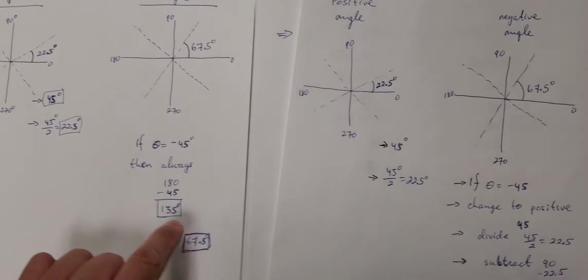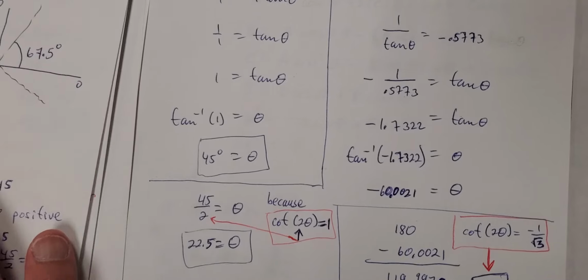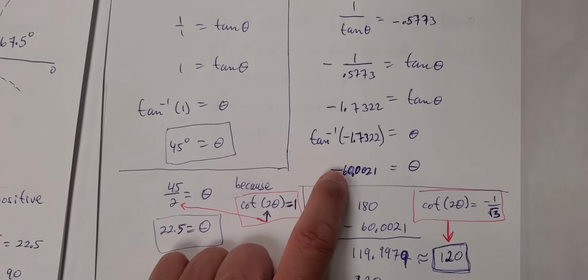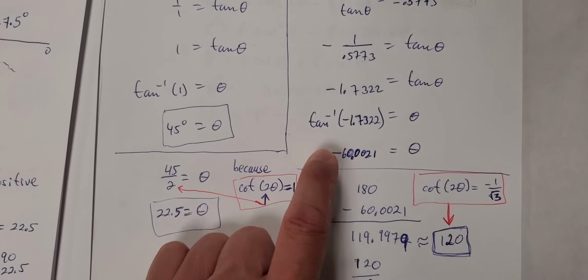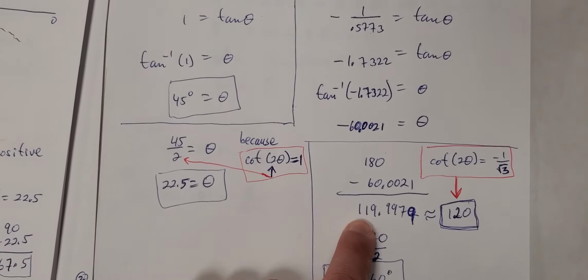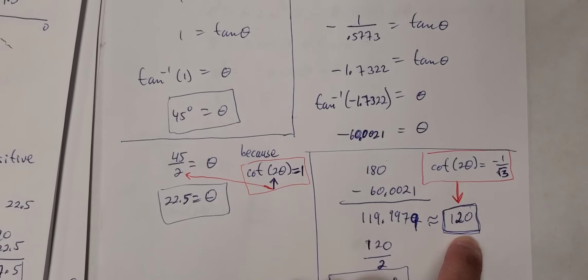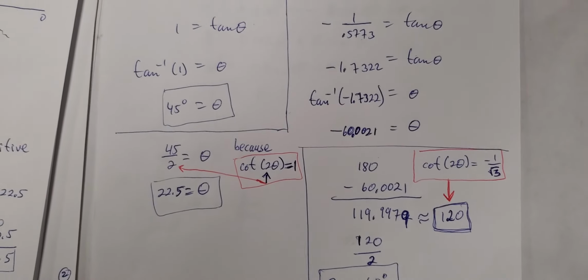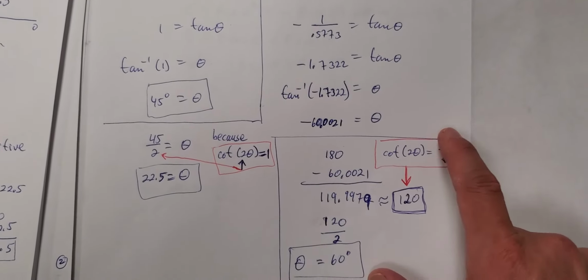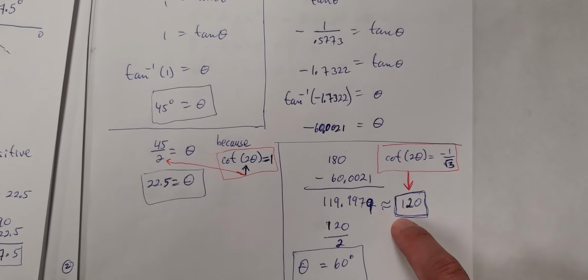Why? Because we are in cotangent. So we will take this number because it's negative: 180 minus that number gives me this. We'll just round this to 120. So technically, cotangent 2 theta equals negative 1 over square root 3 gives 120.